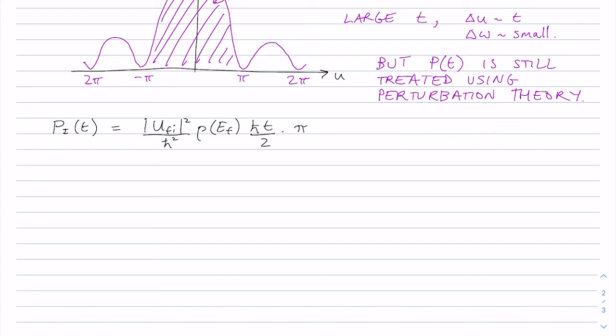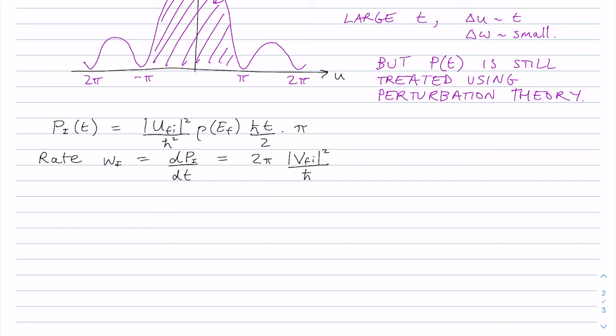We actually write the rate W for our ionization process as dP dt. It's the probability of transition per unit time. And so this divides out the time that's in the numerator. And so one gets a time-independent rate. The last thing we need to do is put the U in terms of the peak V. So we'll write this as 2 pi V_fi squared.